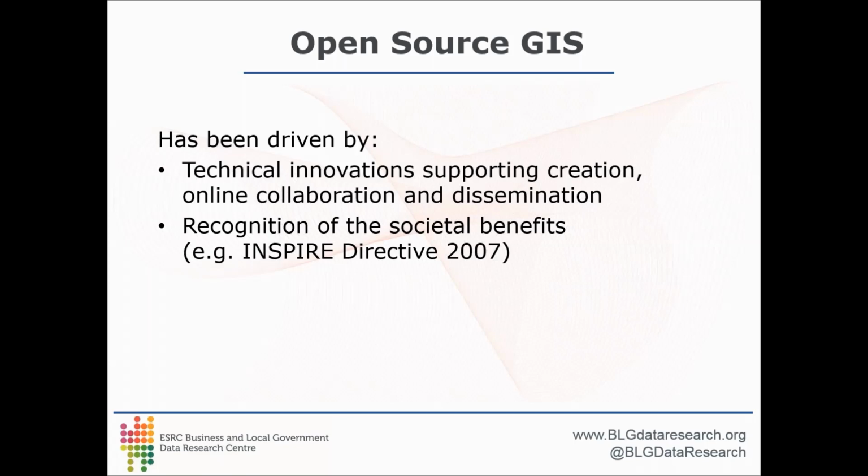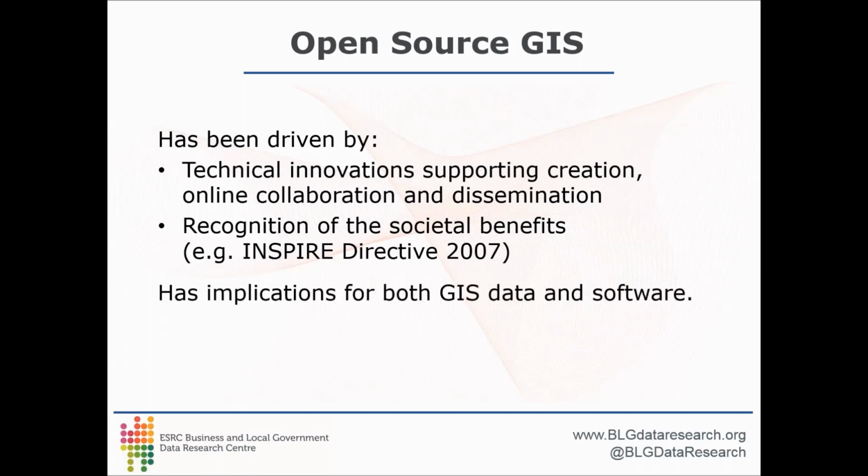They've not disappeared completely, but they're very definitely less different than they were. And so that's had implications for two key elements of that GIS cycle. It's had implications in terms of the data that are available, and it's had implications in terms of the software.